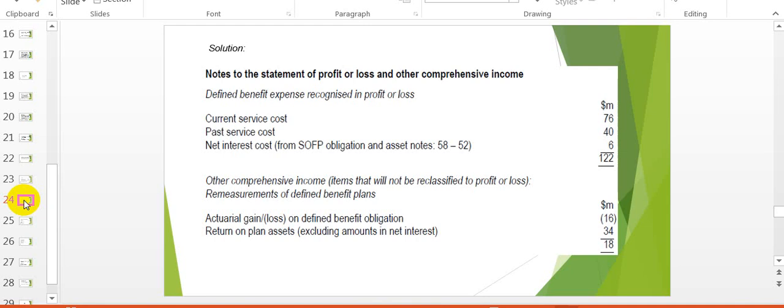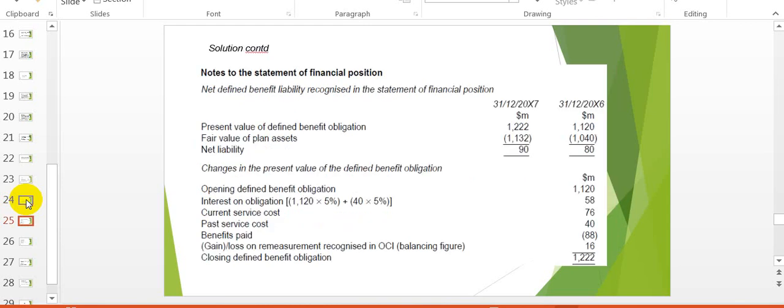In the other comprehensive income, where the items will not be reclassified to P&L, the remeasurement of the defined plan will be as follows. To get the actuarials like earlier discussed, we need to open the defined benefit obligation and the defined planned assets. So in the defined benefit obligation, we bring our opening balance of 1,120.